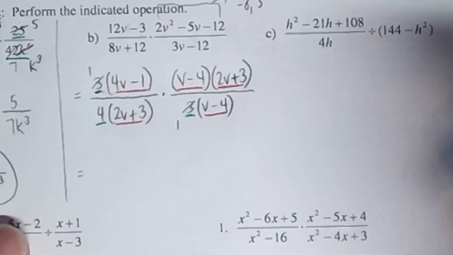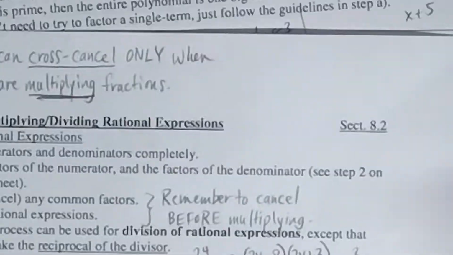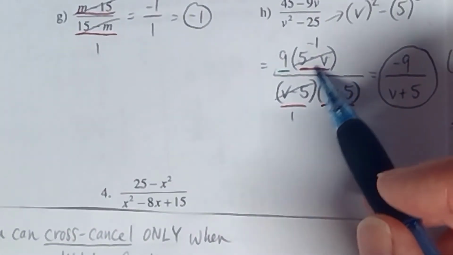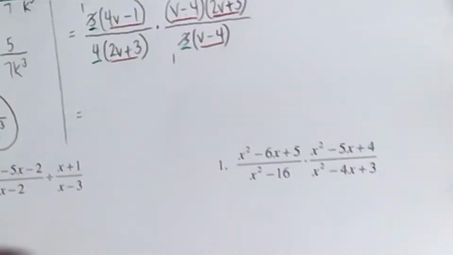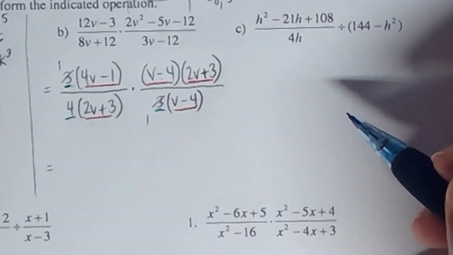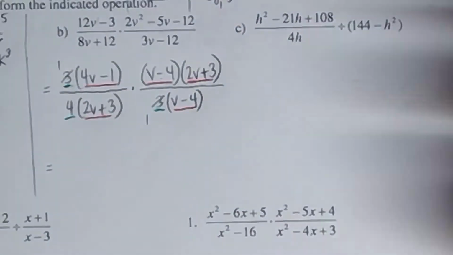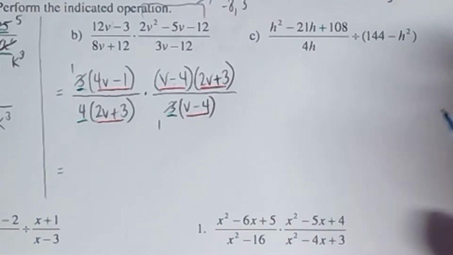But usually with the red ones, you're going to see some that are exactly the same. So if it's one of those situations where you got the same term and opposite sign, you can cancel those. Otherwise, they need to be exactly the same, talking about the red ones, in order to be able to cancel them. Okay, so do we have some that are either exactly the same or they have that opposite sign thing going on? Yeah, we got a couple of those situations here, don't we?